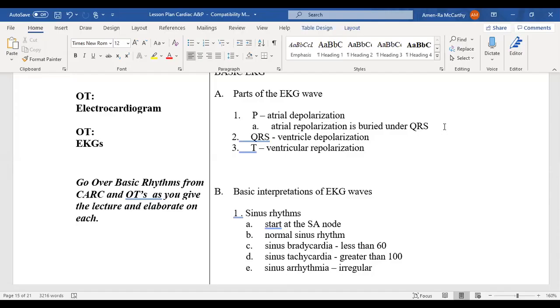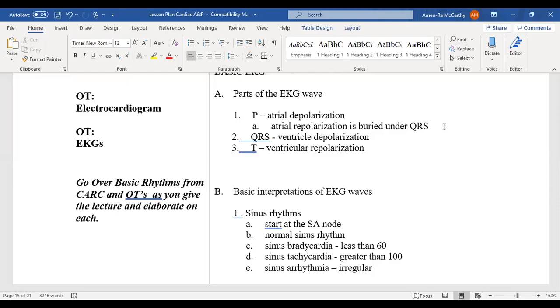Does the atrium not have to repolarize, right? Yes. Atrial repolarization would be there, but the QRS is so big, it's buried. So you can't see the atrial repolarization because the QRS is so big. That would have been a U, I think. QRSTU or something like that. You don't see it because it's buried under the QRS, okay?